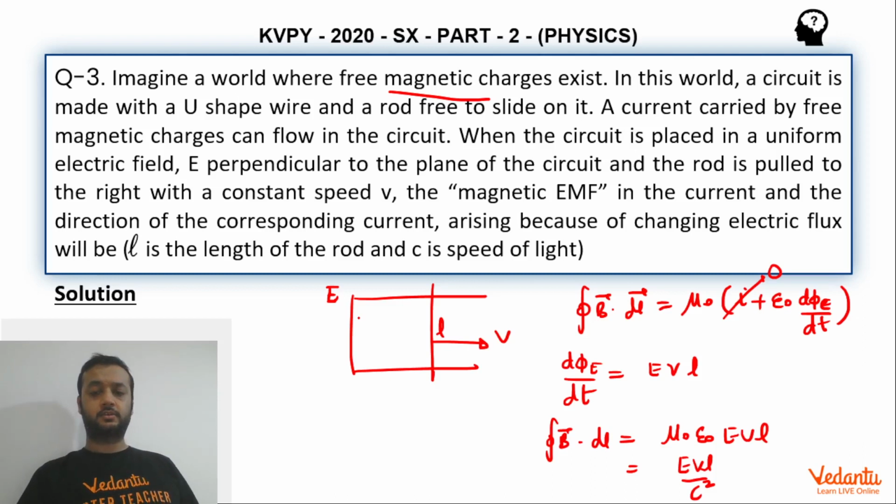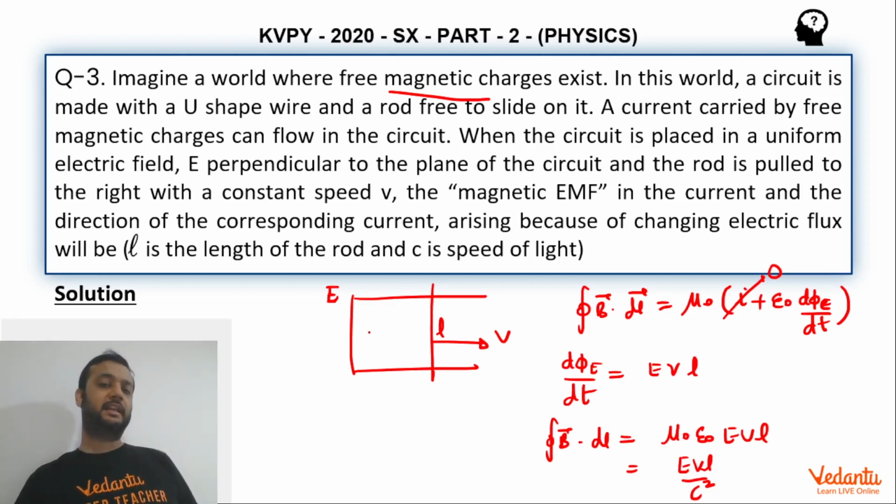In that case, dΦ_E/dt would have been positive, because the flux would have been increasing, with the electric field coming outside and increasing with time. Then this LHS will also be positive, and the magnetic field will be induced in the anti-clockwise direction. And vice versa will also be true.